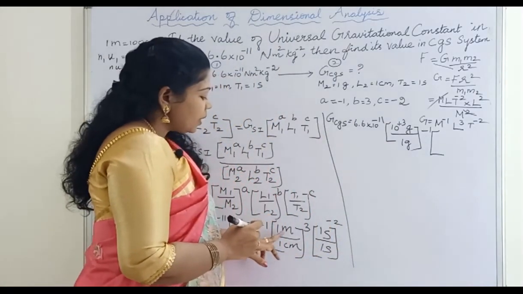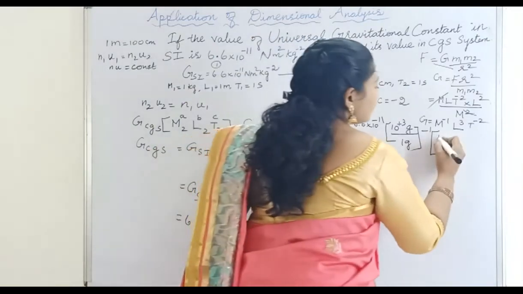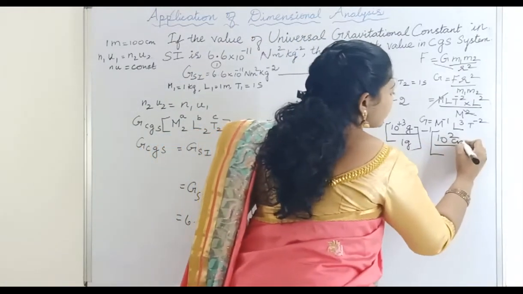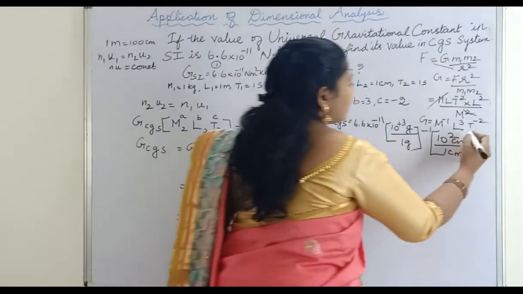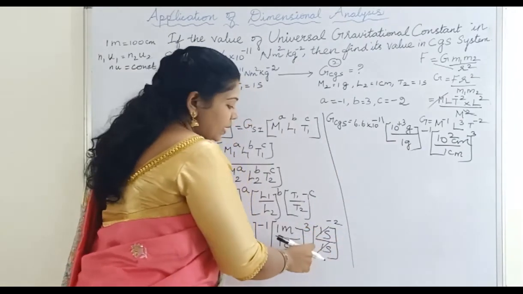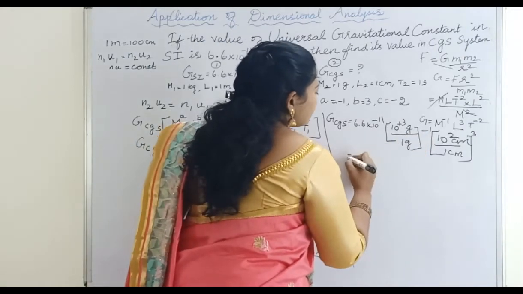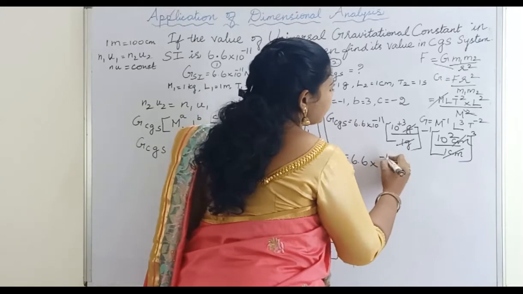Into, 1 meter is equal to 100 centimeter. So it is 10 power 2 centimeter by 1 centimeter, the whole power 3. Here 1 second and 1 second gets cancelled. So 1 power minus 2 is 1. Okay, so no need to write that. 6.6 into 10 power minus 11.